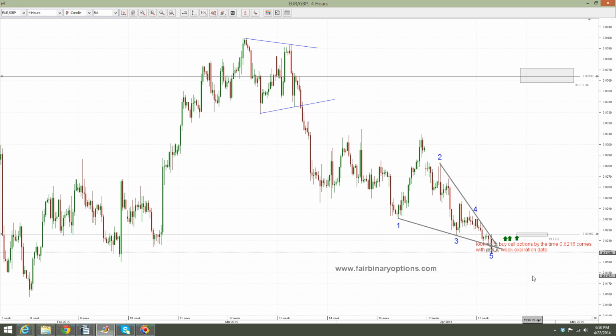It remains to be seen if the market is actually going to do that, but this falling wedge is as bullish as it can be.